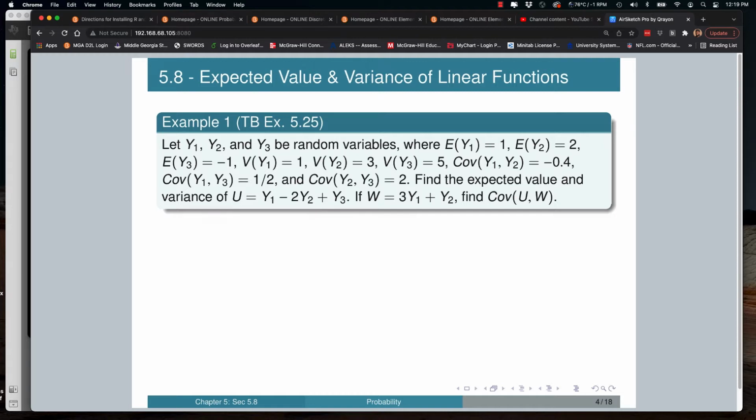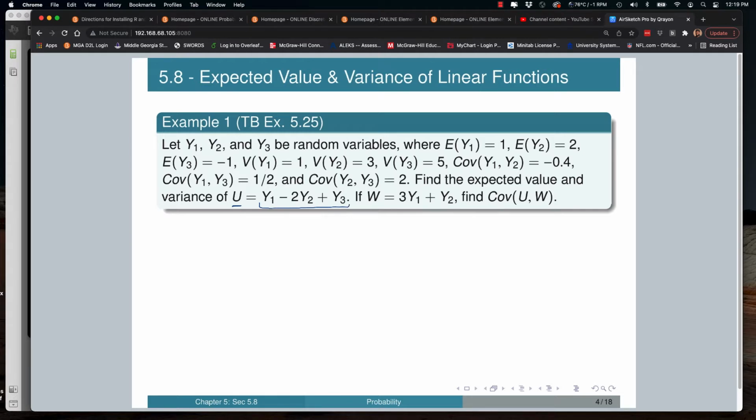But what they want us to do is find the expected value and variance of the linear function u, which is comprised of three random variables, y sub 1, y sub 2, and y sub 3, such that u equals y sub 1 minus 2y sub 2 plus y sub 3.